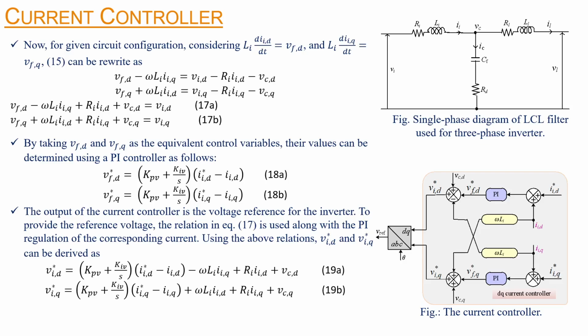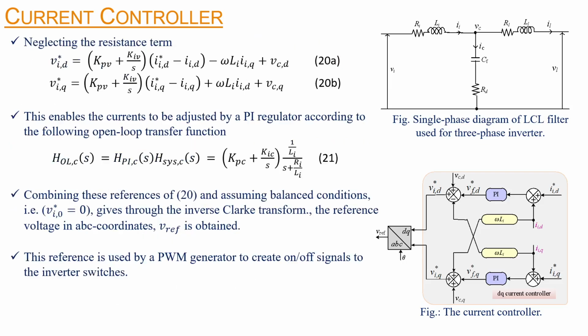we get the final reference in the DQ reference frame for the PWM generator, or you can say the modulating signal. Upon neglecting the resistance term, we get these final reference voltages for the inverter in the DQ reference frame.